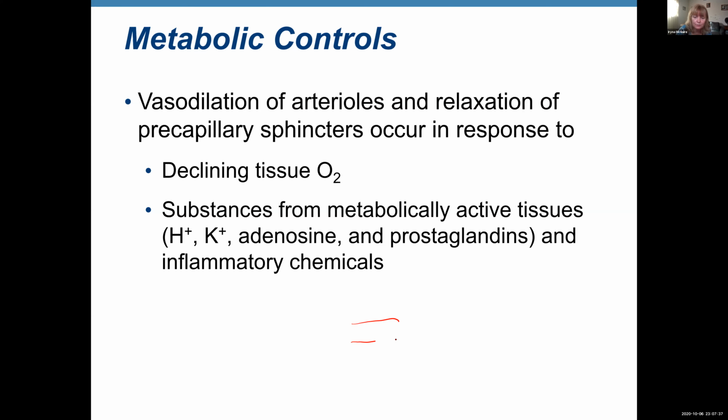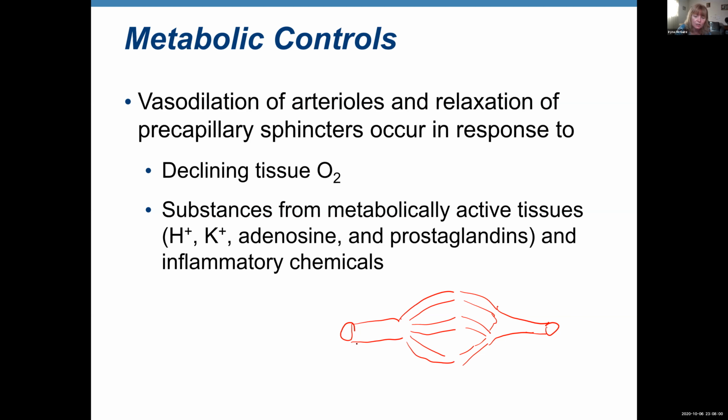Let's say this is an arteriole, and then we have these capillaries, and then we have venules. It's not exactly how it is, but I don't want to go into more detail than we need.